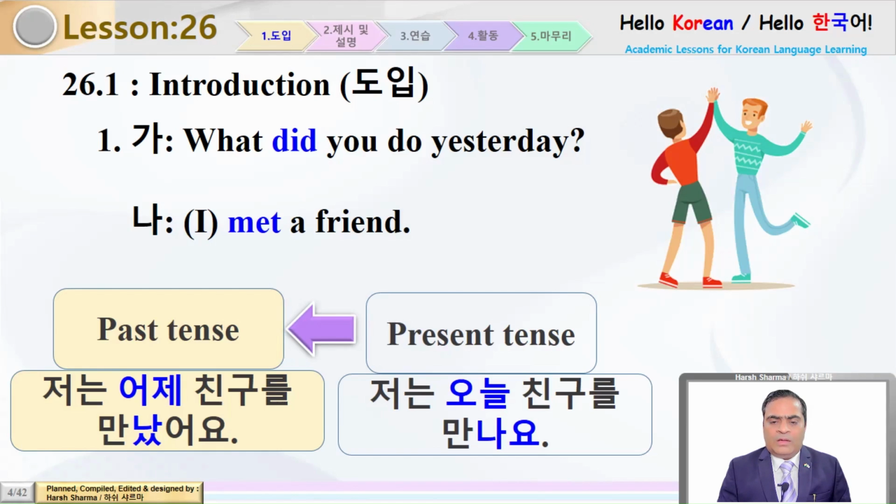If we go to the past, the sentence changes to 저는 어제 친구를 만났어요. In this sentence, 만났어요 shows the past tense.